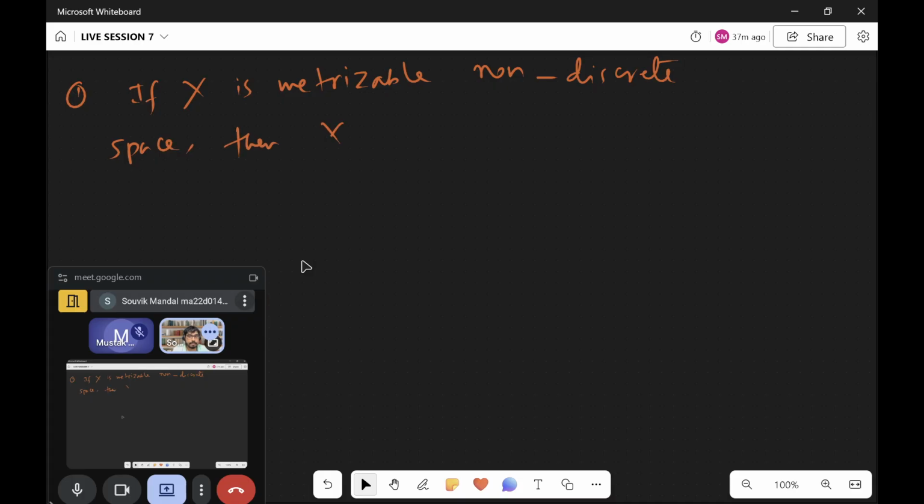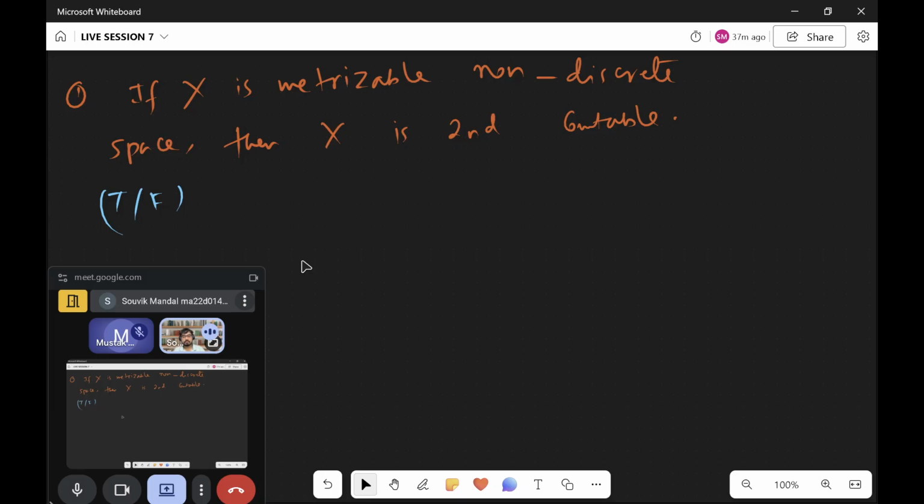In between, if you have any doubt or any question, please unmute yourself and ask me, okay? The question is: if X is a metrizable non-discrete space, then X is second countable. Is it true or false?